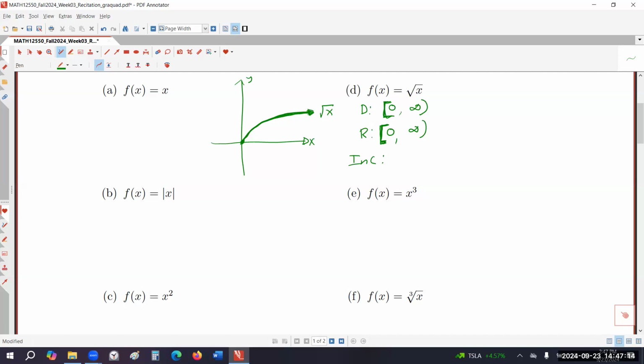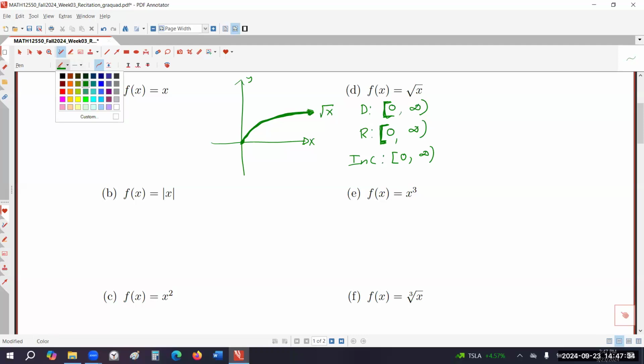Which direction did we go? Upward or downward? Upward, right? We are going up forever. We are going slowly, but we are going up forever. So our increasing interval starts from 0 and it goes on forever.